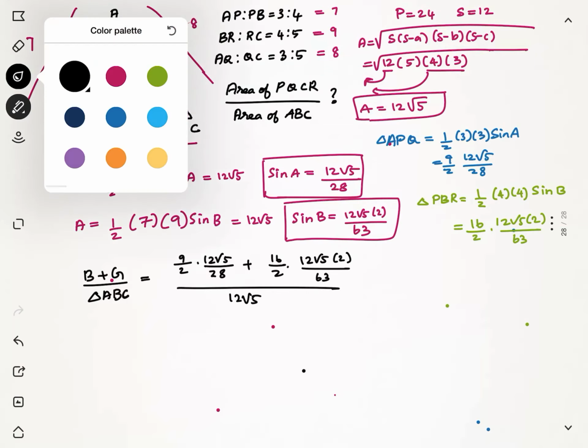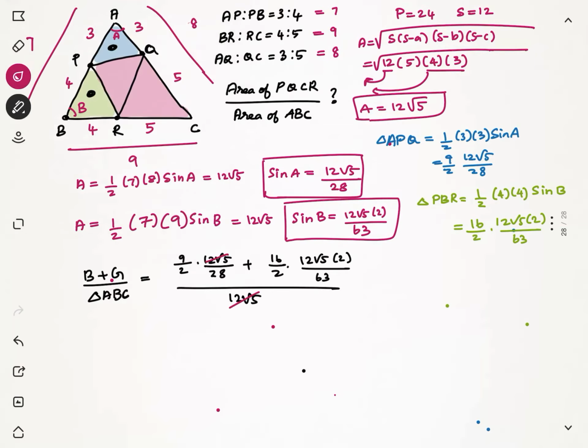12 root 5. Now I can cancel out 12 root 5 from all my equations, and what I'll have is 9 by 56 plus 16 by 63. This is the ratio between the blue plus green area and the triangle ABC. So this 56 and 63, if I have to take LCM, 56 is 7 into 8, 63 is 7 into 9.